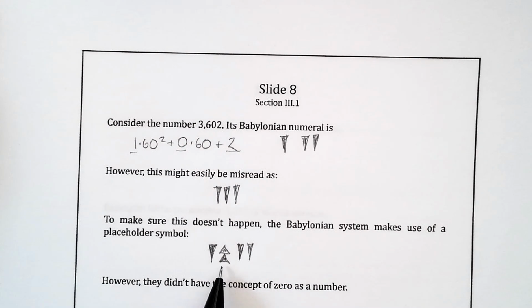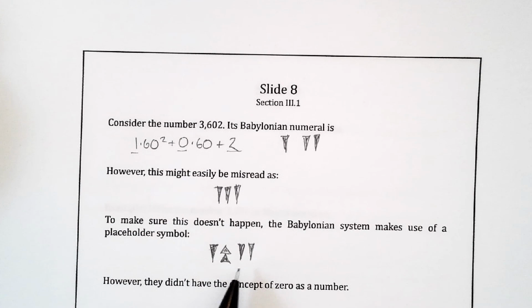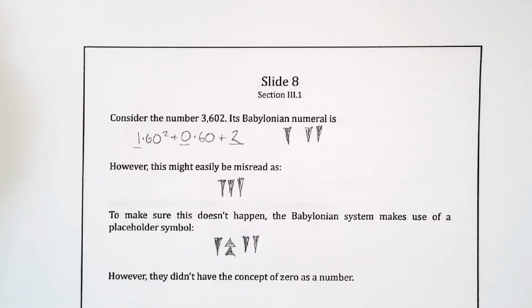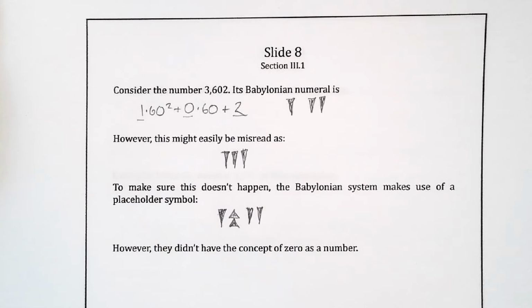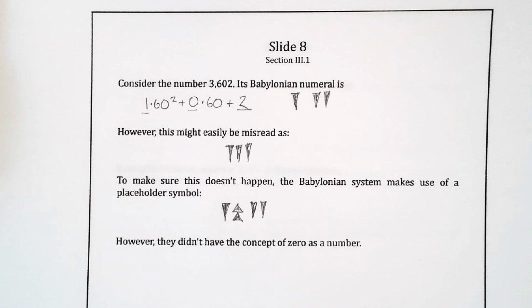Okay, so this symbol is a placeholder. It just says, skip this. There's nothing there. There are no 60s. And it prevented this guy from running together with these guys. So basically, it's playing the same role that 0 plays in our system. However, the Babylonians apparently did not have the concept of 0 as a number. They didn't think of it as a number in the way that we do.